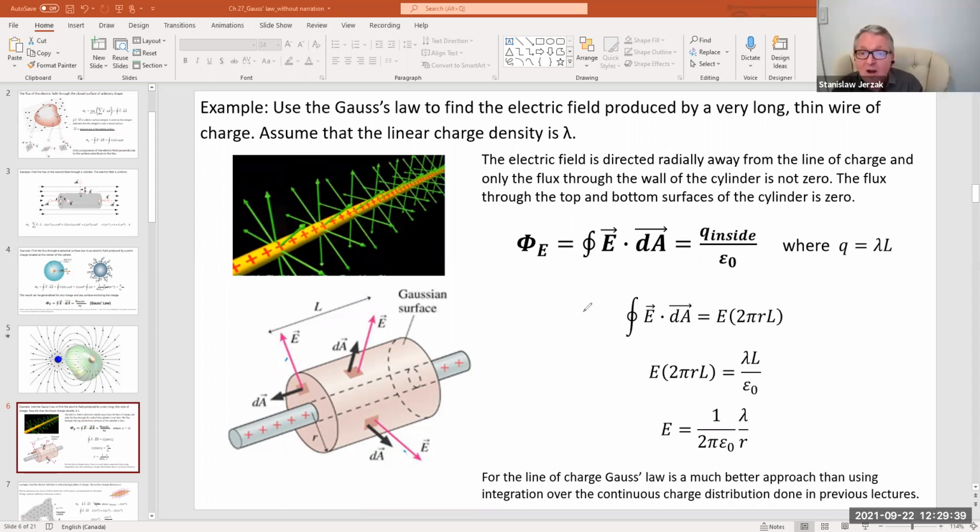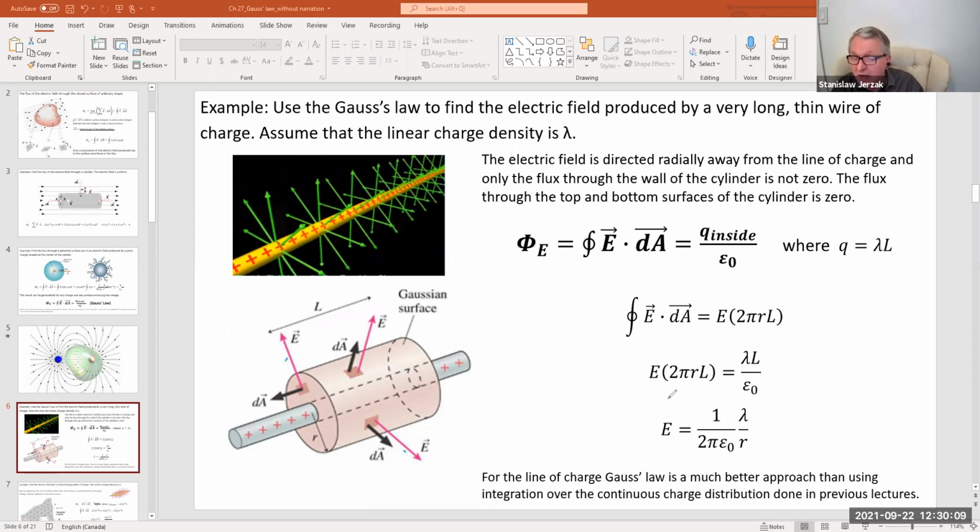So I will redo this question again at the beginning of the lecture on Friday. In the meantime, you should spend a little bit of time at home to redo this question, which you see on the screen right now. Think a little bit about this, read the textbook, the same is done in the textbook, and see how I use Gauss law to calculate the electric field due to an infinitely long line of charge.